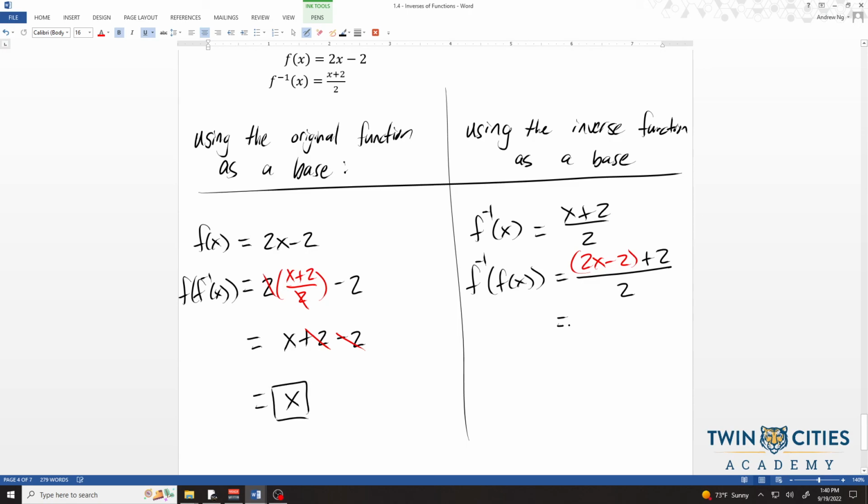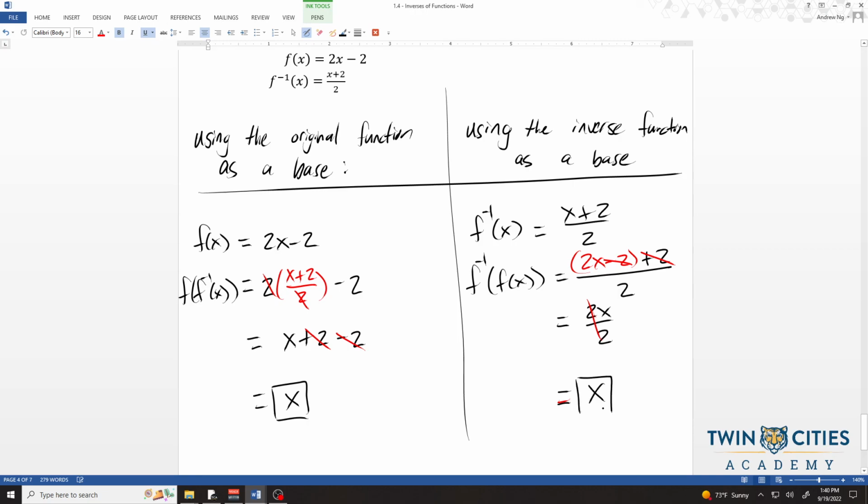Okay, over here, let's look at the top part first. We've got minus 2 and then plus 2. That's going to subtract out. This will leave 2x over 2. Then 2 over 2, these will divide out to 1, leaving again just x.